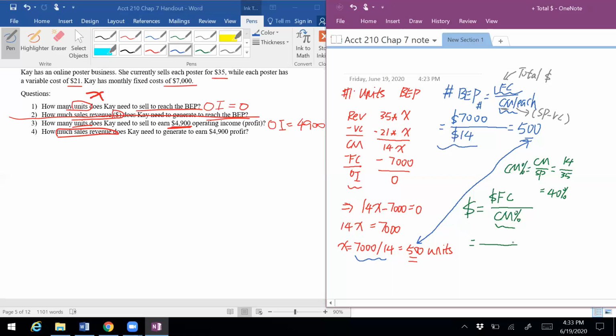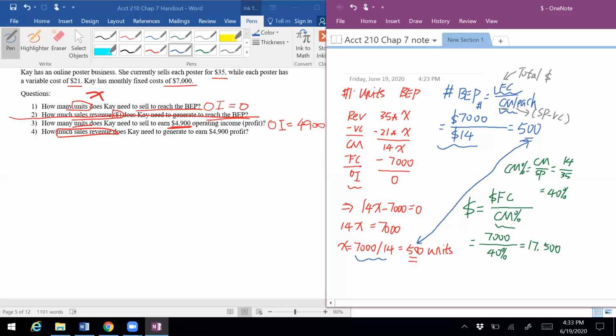Our total fixed cost is 7,000 divided by the contribution margin ratio of 40%. We get a break-even point in dollar amount of 17,500.